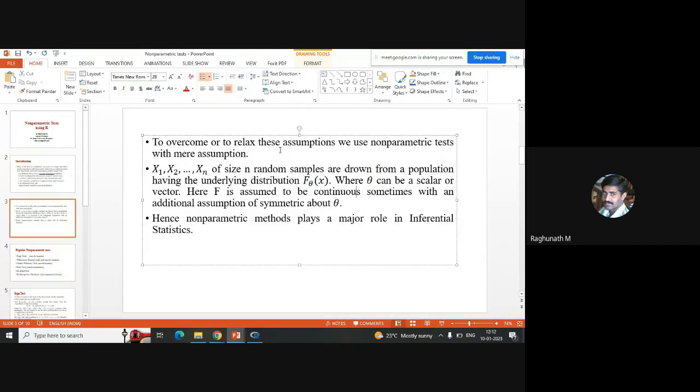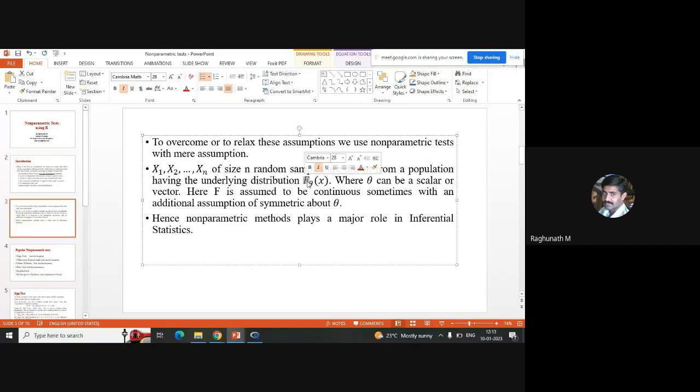To overcome all this, x1, x2, ..., xn is a random sample of size n drawn from a population having the underlying distribution f. We don't assume this f to be a specified one, like binomial, exponential, hypergeometric, normal, whatever.